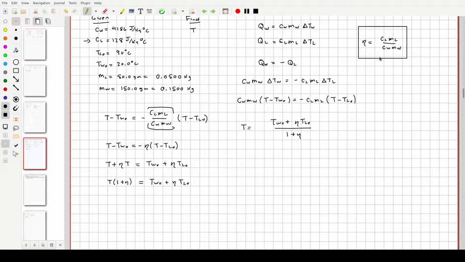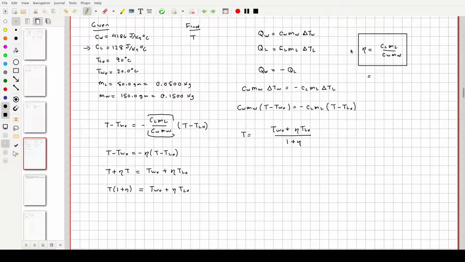Now, if you actually just plug the numbers in for eta, let me plug this into my calculator. It's C_L M_L. That's 128 times, M_L is 0.05. And then I'm going to divide that by C_W M_W. C_W is 4,186.